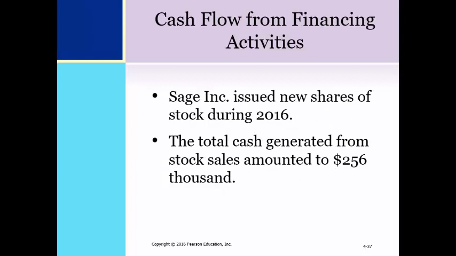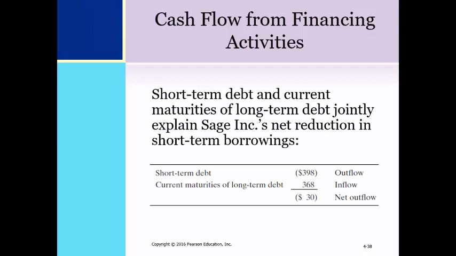The financing activities for Sage included an inflow of $256,000 from the issuance of new shares of stock during 2016. There was also an outflow from the payment of short-term debt of $398,000 and an inflow of current maturities of long-term debt in the amount of $368,000 for a net outflow of $30,000.